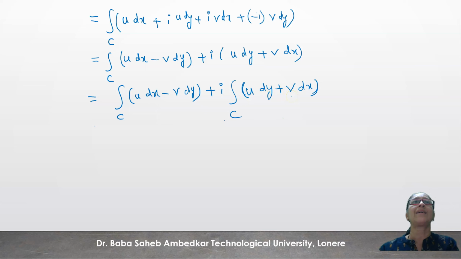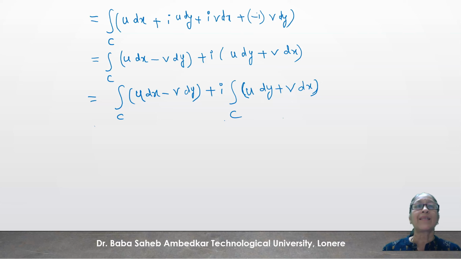So the integral of a complex function f of z is reduced to evaluation of two line integrals of real variable functions, because u dx minus v dy is a real function and u dy plus v dx is also a real function. So integration of a complex variable function is reduced to a combination of integrations of real functions.